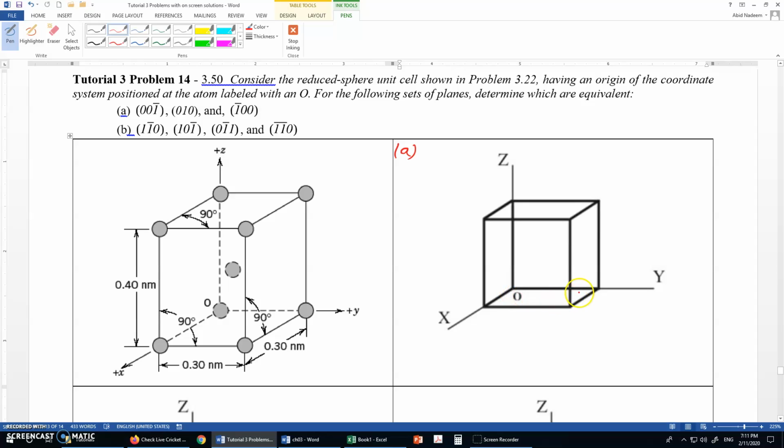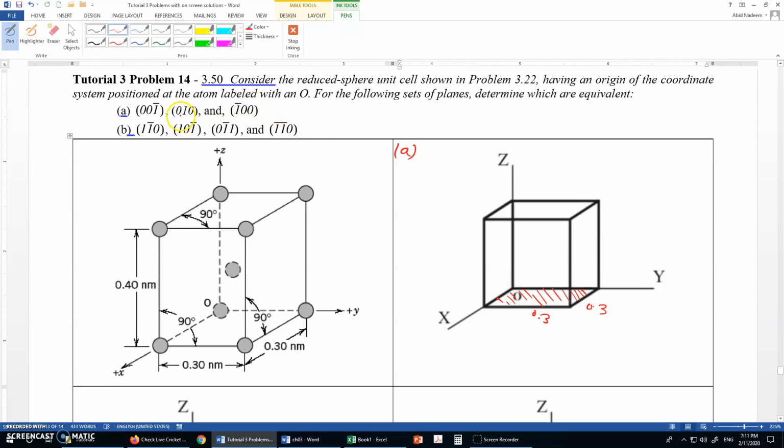So this will be the plane. Okay. Since this dimension is 0.3, this plane will have a square dimension of 0.3 and 0.3.